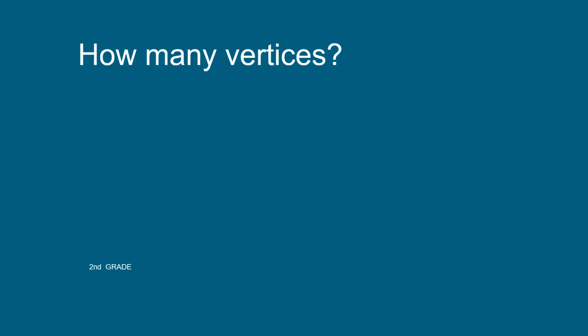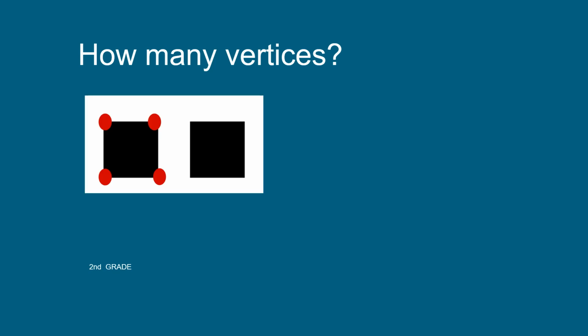First, we're going to review some information about plane shapes. I will show you some plane shapes, and your job is to tell me how many vertices you see. Remember, a vertex is where two sides meet. There are red dots on the first shape, showing you where the vertices are on the square.